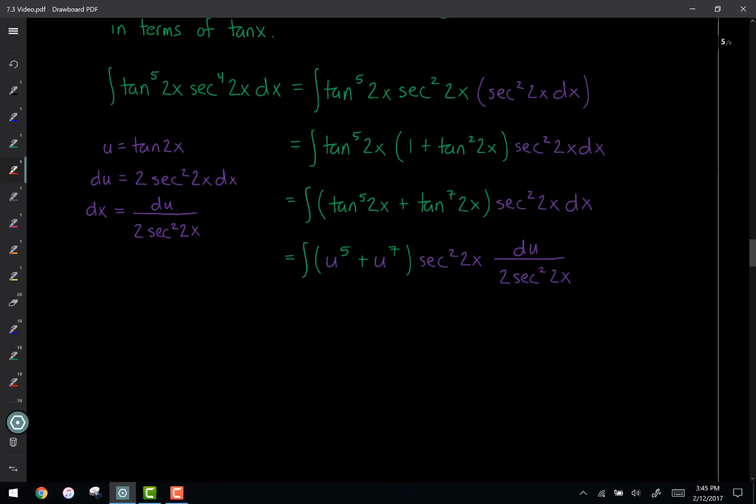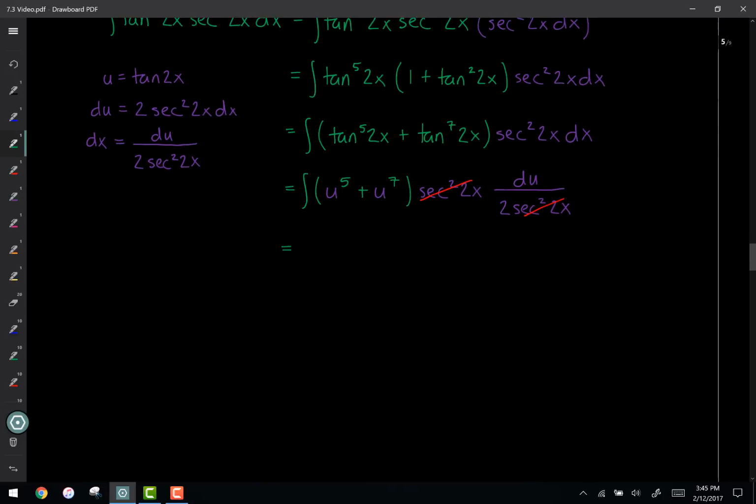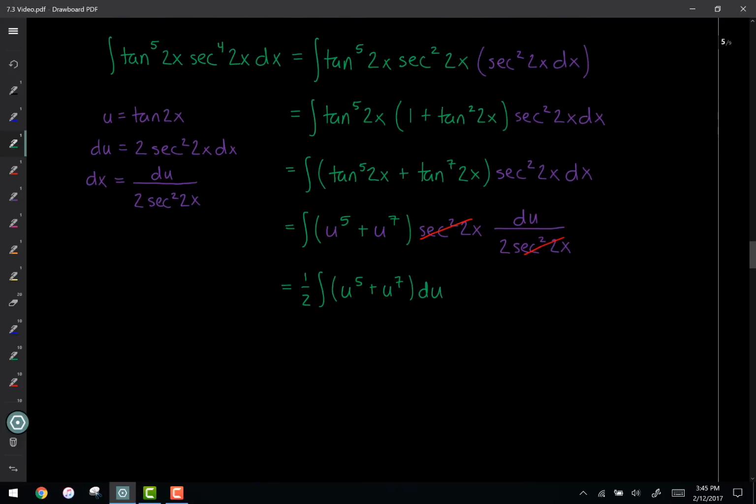So the secant squared 2x's will cancel, and the 1/2 we can just pull out front of the integral. So we're left with 1/2 the integral, u to the fifth plus u to the seventh du.